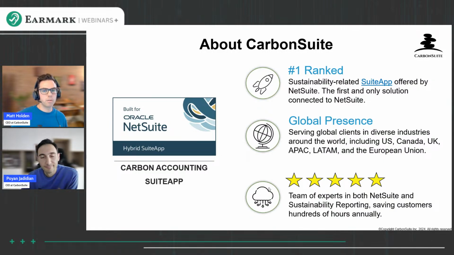So quickly about CarbonSuite, that's our team here. We are what's called a NetSuite Suite app. And so basically what that means is the Oracle NetSuite ERP platform has lots of extended capabilities to plug in additional software solutions into NetSuite, and that's what CarbonSuite is. So you can think of it as an additional module of your NetSuite ERP account. We do have a global presence.